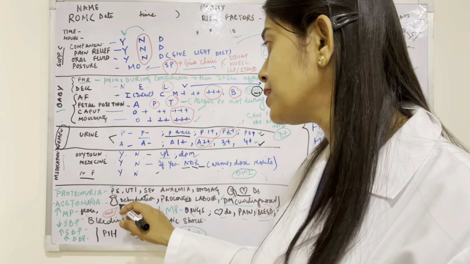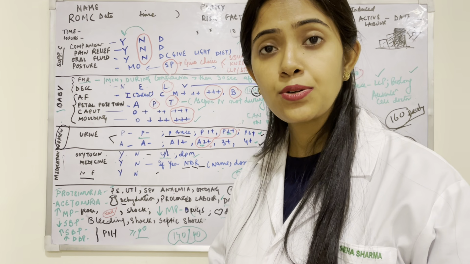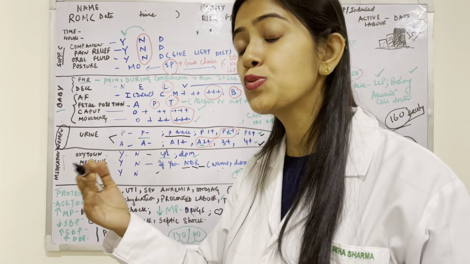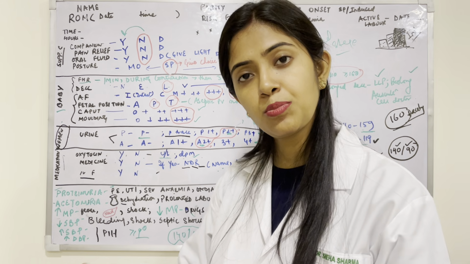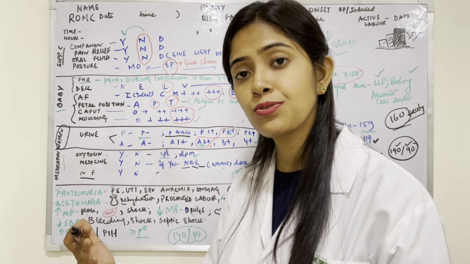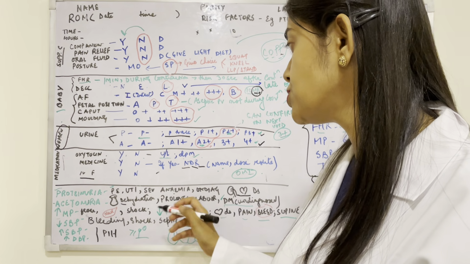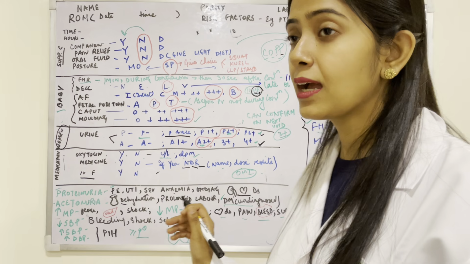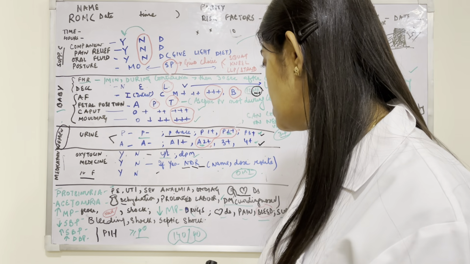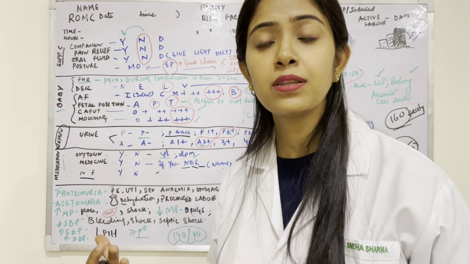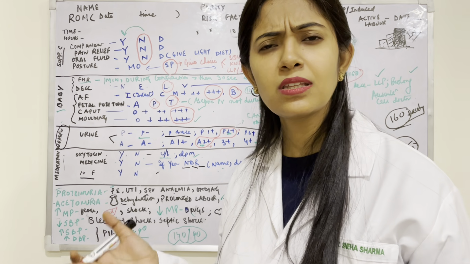Similarly, acetonuria can be there in dehydration and prolonged labor. We've seen how dehydration leads to acetonuria, especially for women who have hyperemesis. Not in this scenario, but hyperemesis patients have acetonuria. So that is why acetonuria is important in cases of dehydration, prolonged labor, and undiagnosed diabetes mellitus. I have had a bad experience about this. A lady came and ended up in DKA and acidosis and so many things.